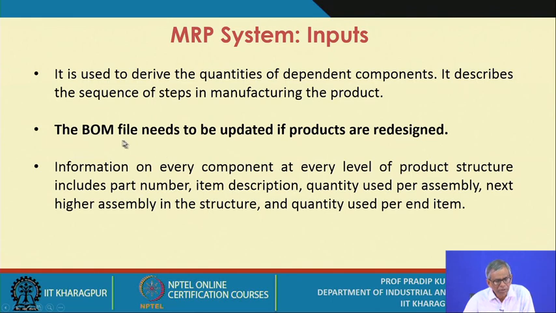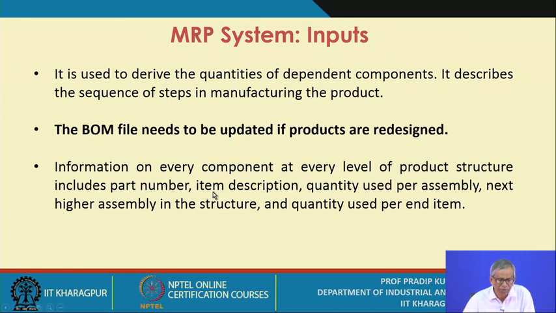So in that particular condition, the BOM files, that means bill of material files, need to be updated if the products are redesigned. Information on every component at every level of product structure, this point I have already elaborated, includes part number. Now this point you please note, the first one is the part number. You must know, that means the uniqueness must be there.